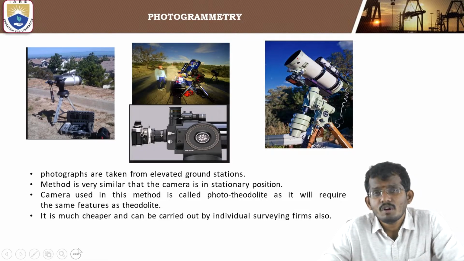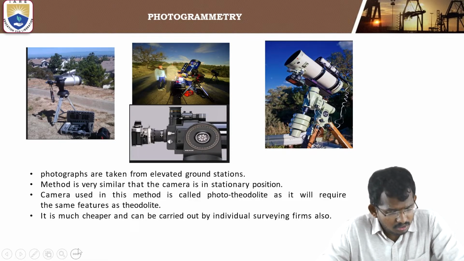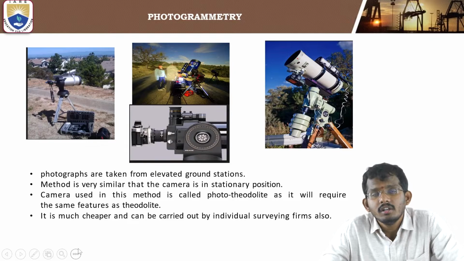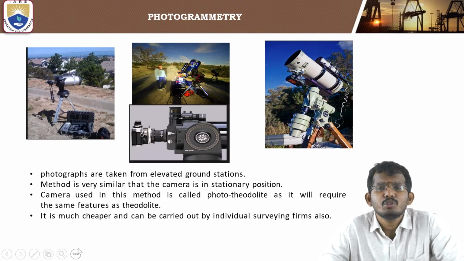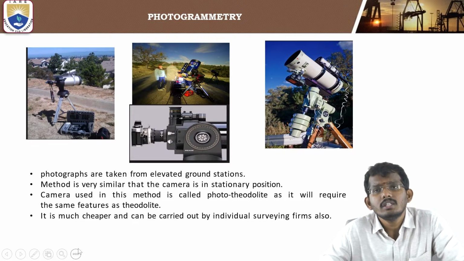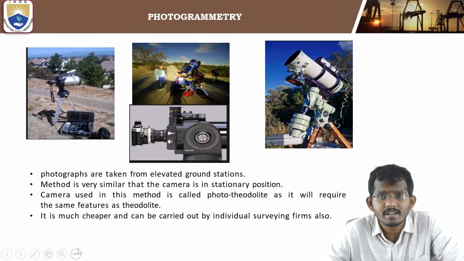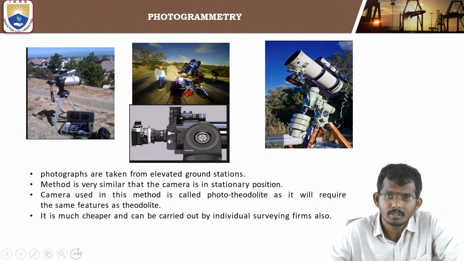If you want to speak of limitations for terrestrial photogrammetry, it is not suitable for a very vast region. It should have some fixed boundaries so that this method can be suitable. If you want to survey the complete area of Hyderabad or Telangana, the entire GHMC Greater Hyderabad or Outer Ring Road area, then this photogrammetry method is not suitable.